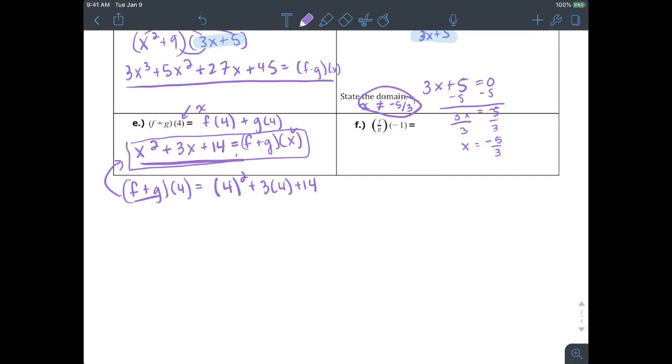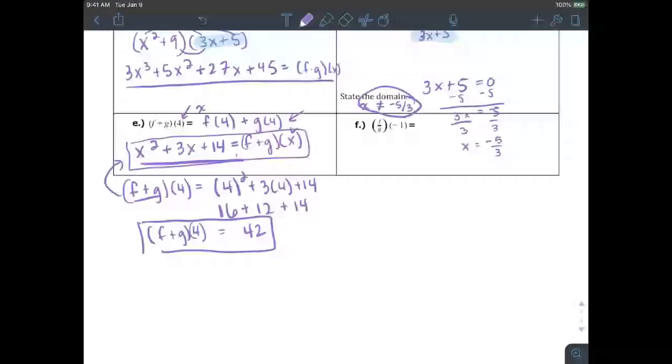That gives me, let's see, 16 plus 12 plus 14. So that looks like that's 28, 42. So f plus g of 4 is 42. All right, and that's it. You can also plug in each function individually and then add them together.